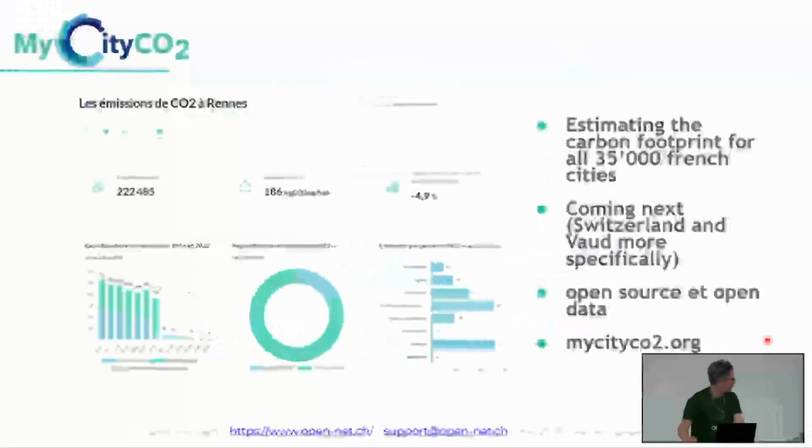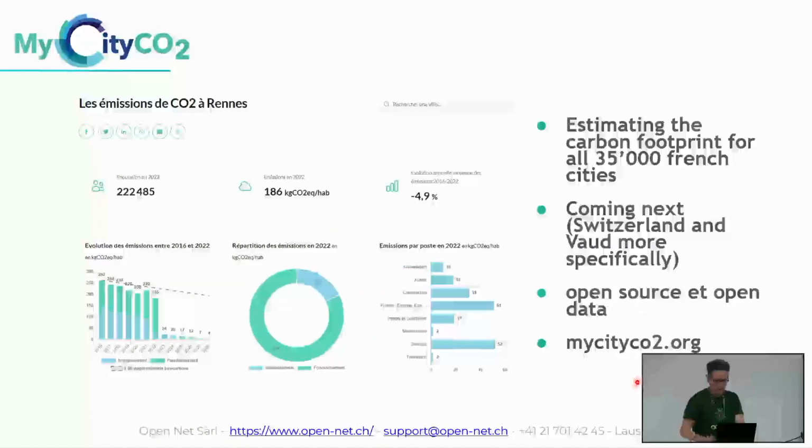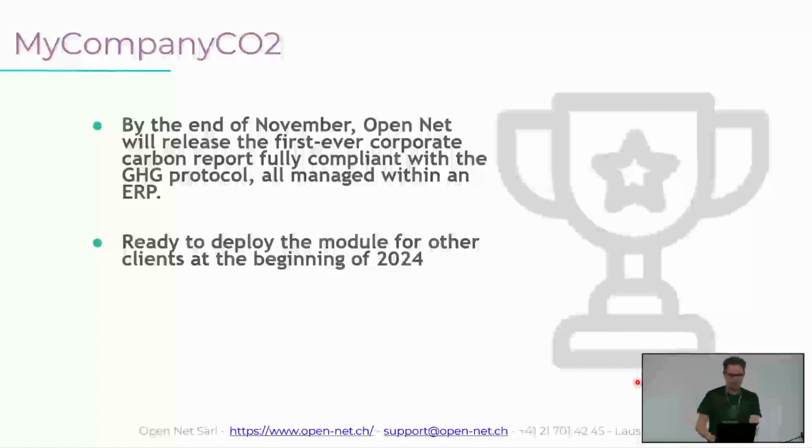Another application is related to the organizations we are working on or working for as partners. And we are very proud to say that by the end of November, we will be able to release the first ever corporate carbon report that is fully compliant with the GHG protocol.